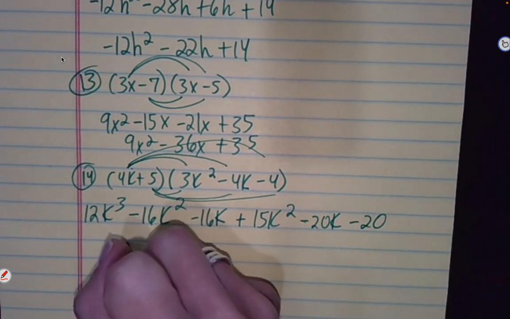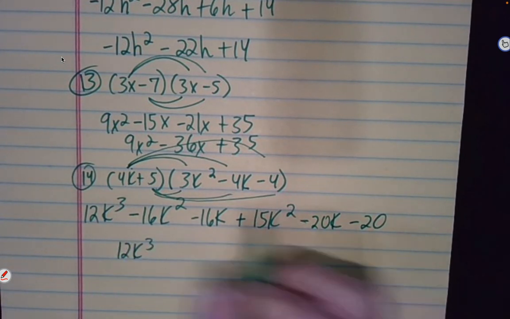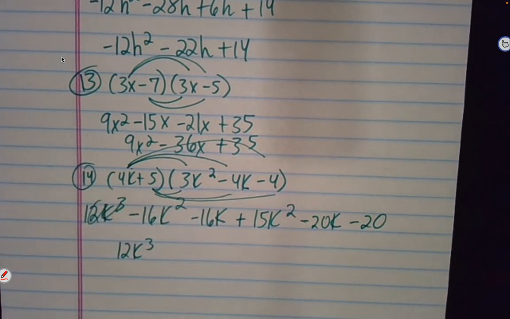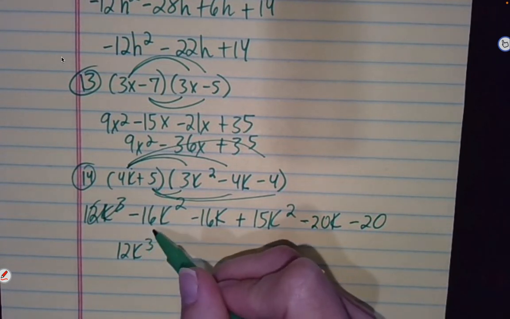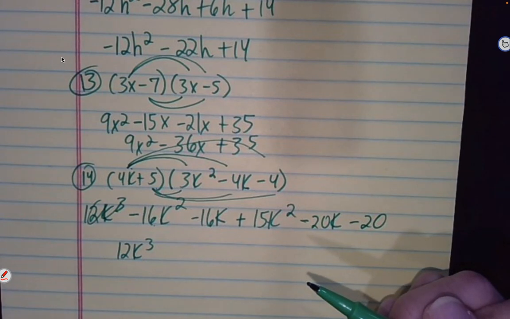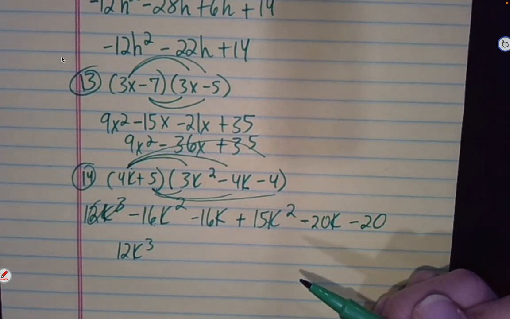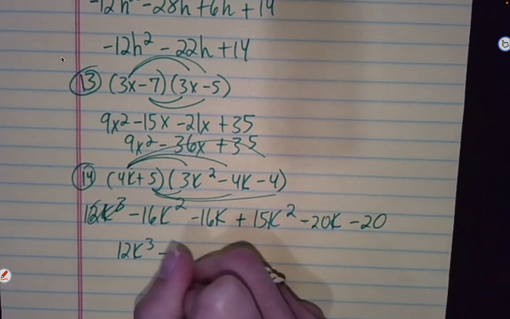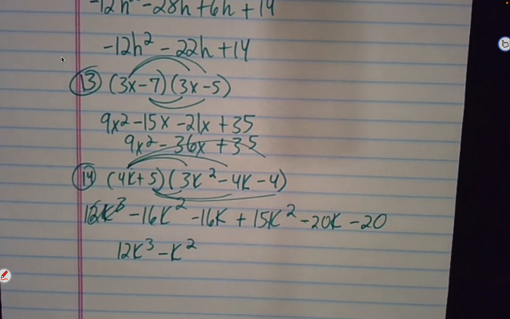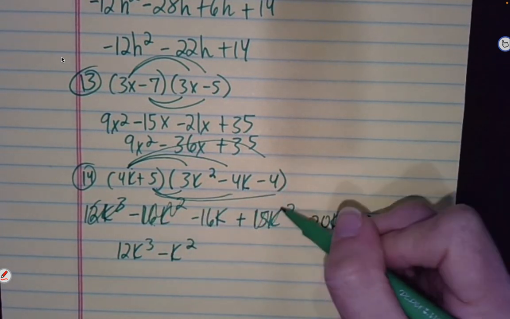So I have 12K to the third. That's the only K to the third. I'm marking it out. Then what do I have next? K squared. I'm going to combine my K squared. So it's negative 16 plus 15. What is that? It's negative 1K squared, or I might just put minus K squared. Do y'all know that's the same thing?